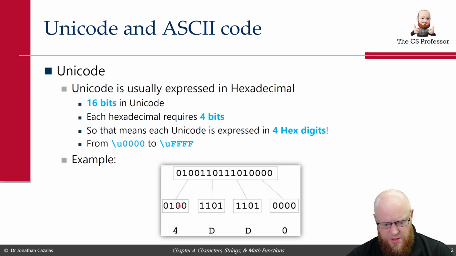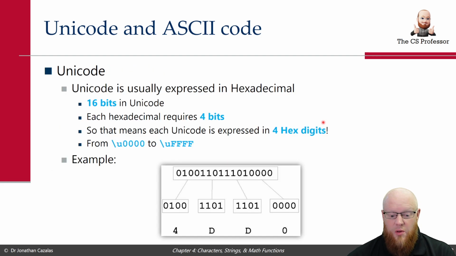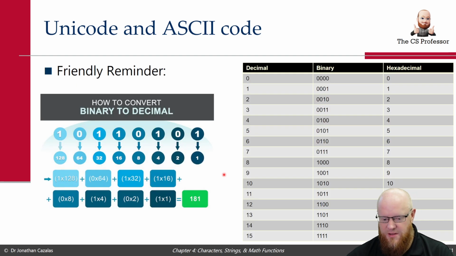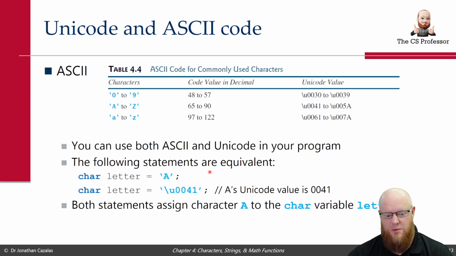We know that 0, 1, 0, 0 is in fact a 4. We know that 1, 1, 0, 1, come back to the table, 1, 1, 0, 1 is 13, which is going to be a D. And so if you make each of these individual conversions, we end up with 4D0. That's a lot easier to represent than all of these ones and zeros in binary, which is complete trash to try to represent.